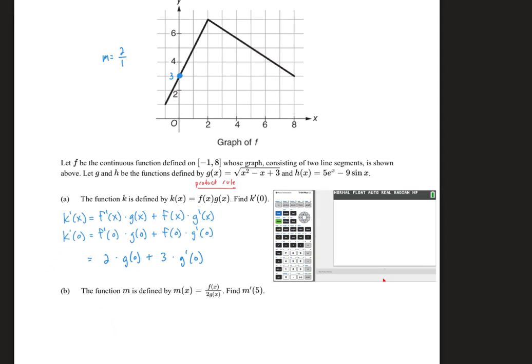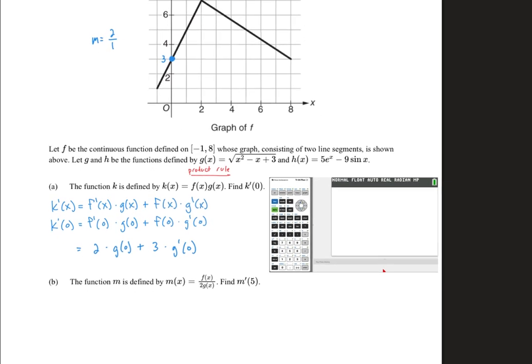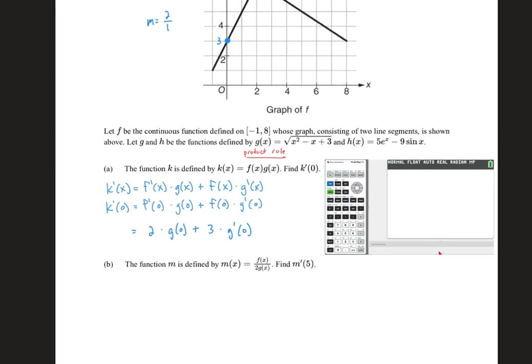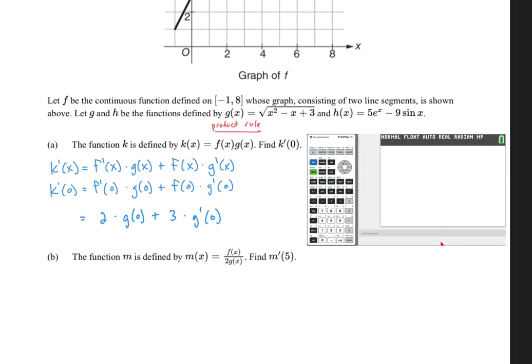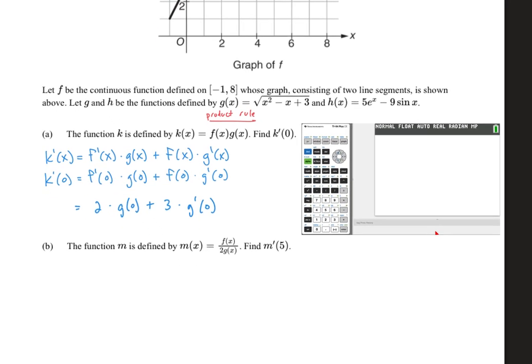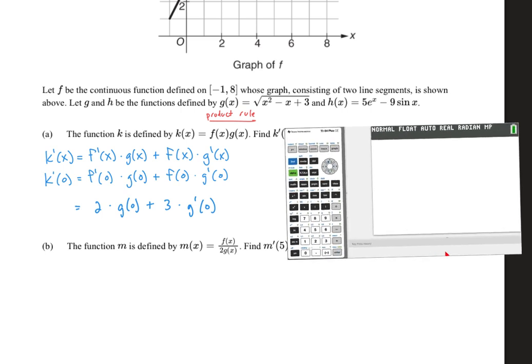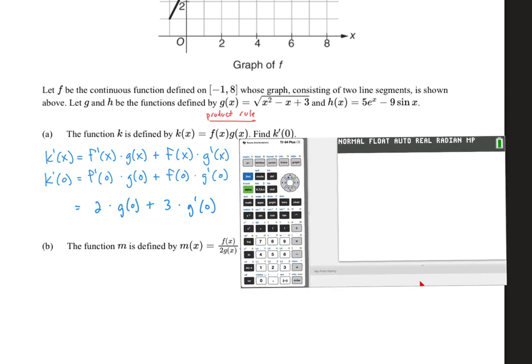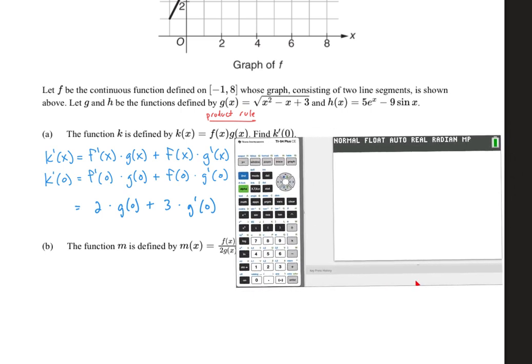We could do, g prime of 0 is just square root of 3, but I'm going to do this a certain way that'll be kind of a good way to do for other problems also. Okay, so here, let me make this a little bit bigger. So let's look at this.